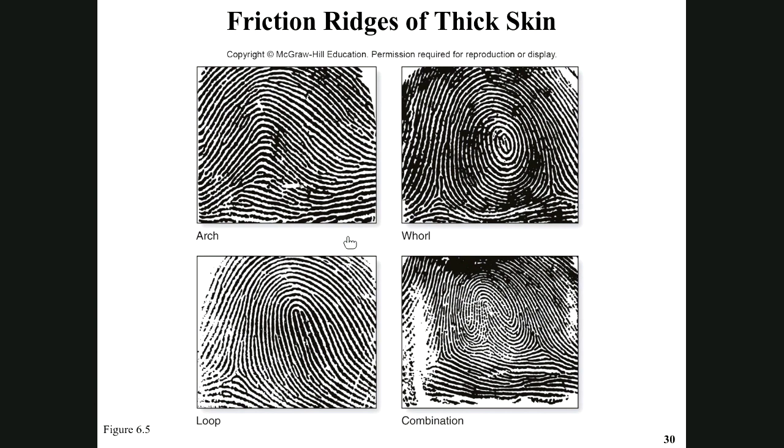They can increase the friction on the surface of our skin. Each individual has a unique pattern of these friction ridges, which we can use as personal identification or fingerprint. I will show you these pictures again in the next video.